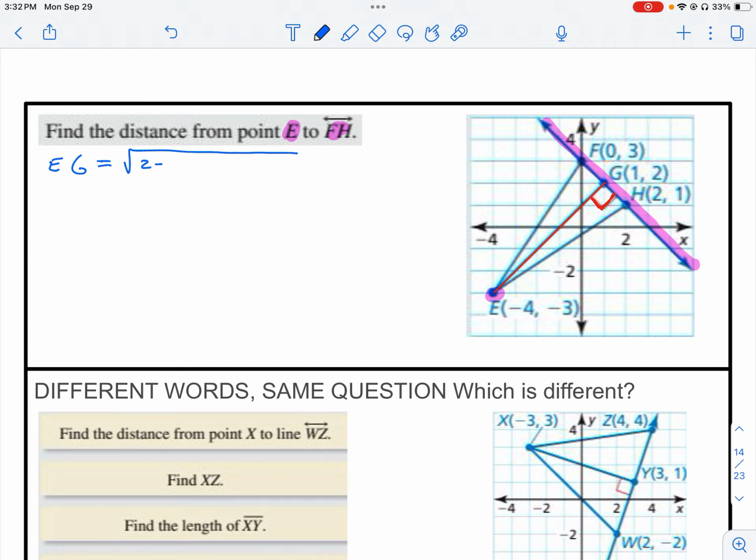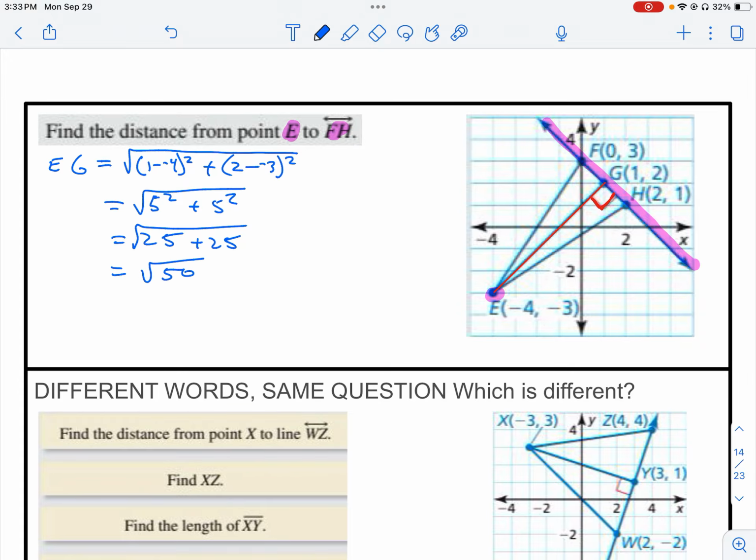And we get 1 minus negative 4 squared plus 2 minus negative 3 squared. So it's going to be 5 squared plus 5 squared, radical 50.